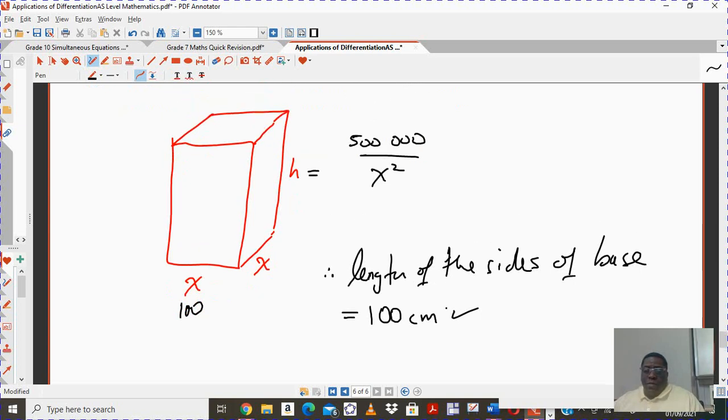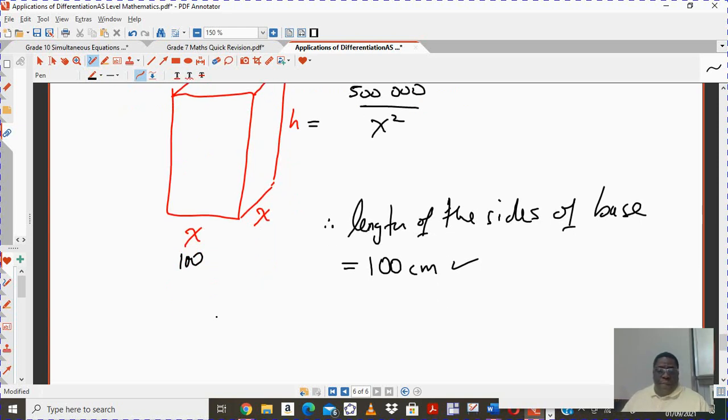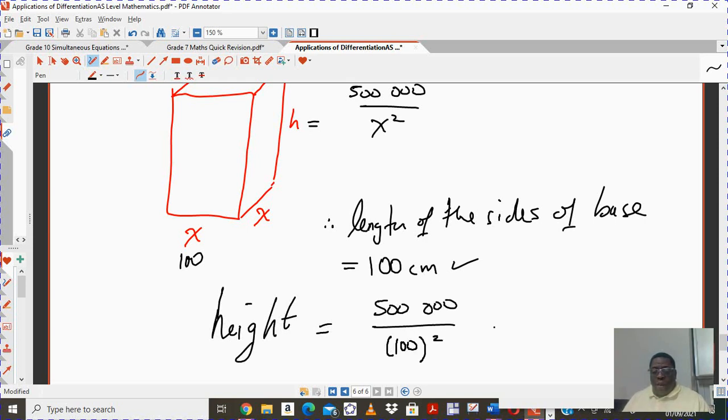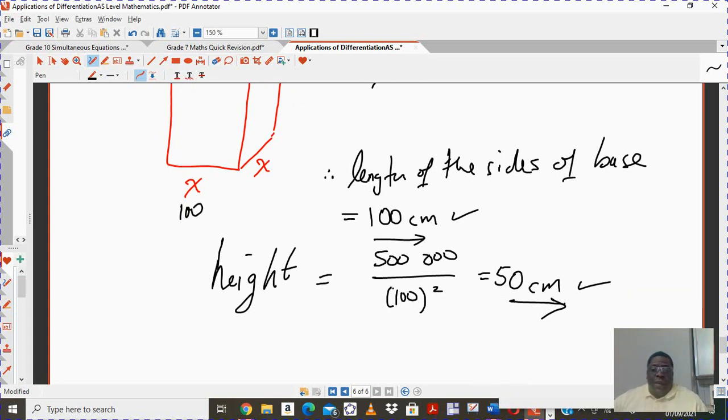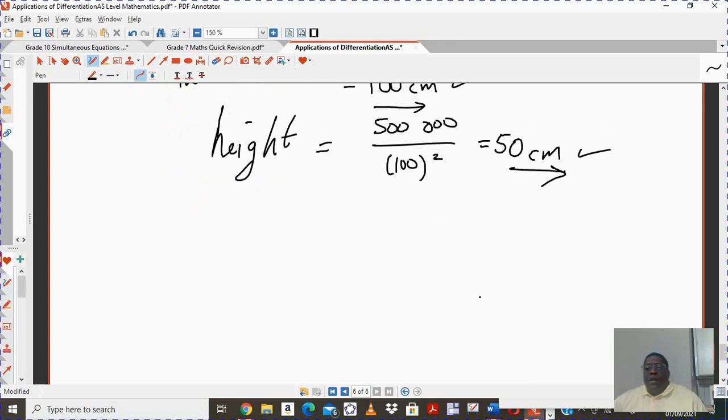The height is 500,000 divided by 100 squared. Now remember, that's like 500,000 divided by 10,000, which is 50, so the answer will be 50 centimeters. Okay, so we have our height, we have our length of the side. Okay, and surely that's it for these two questions.